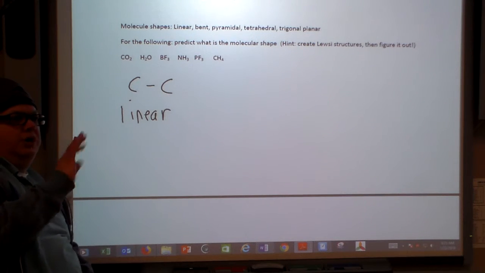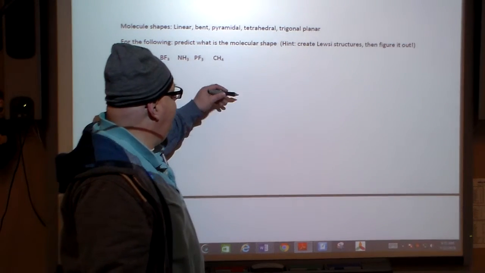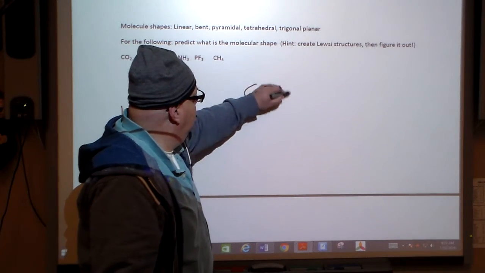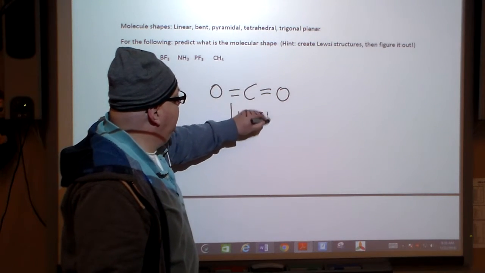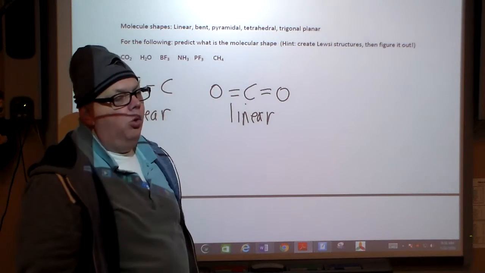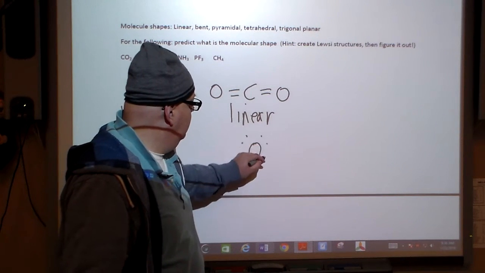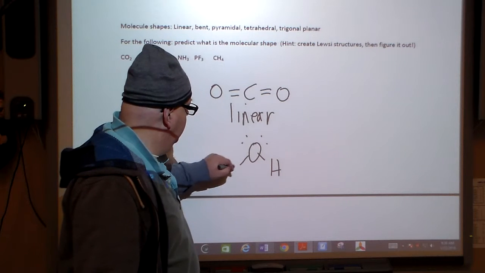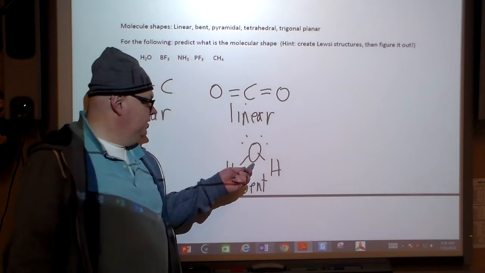Always, always, always. If you have three atoms, this one is going to be linear, but are they always going to be linear? No, because you can have something that is bent. So here's an example.